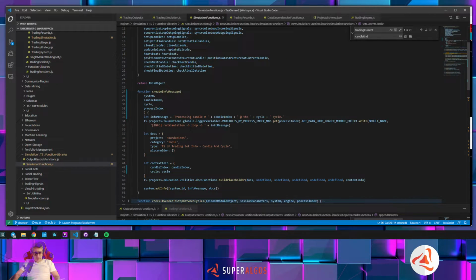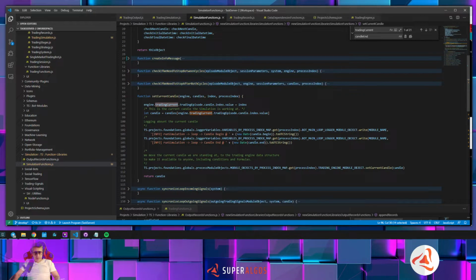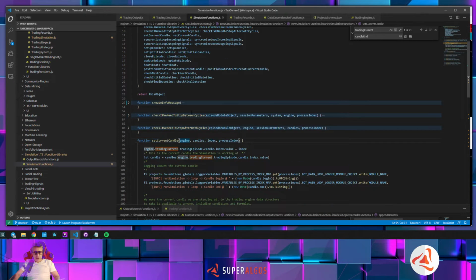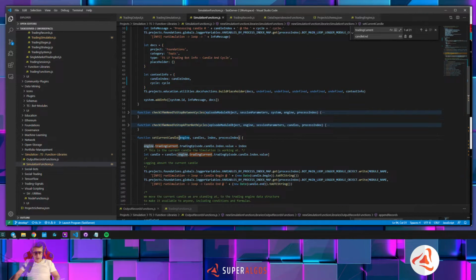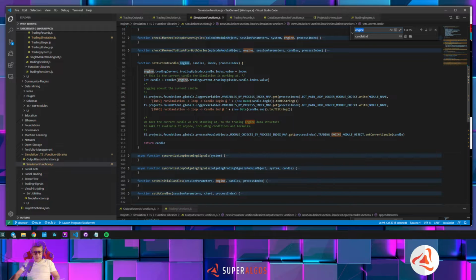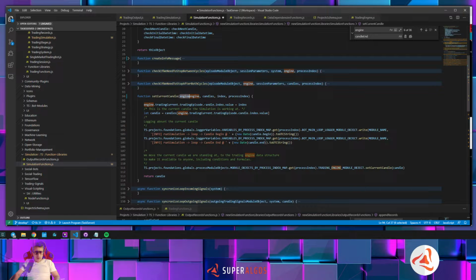Next one. Okay, similar case. Hold on. Do we have engine here? No. Okay. Let's do the same stuff.